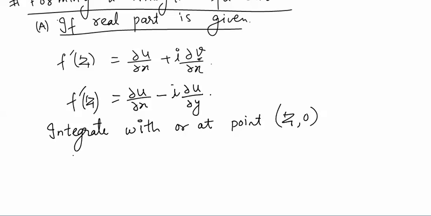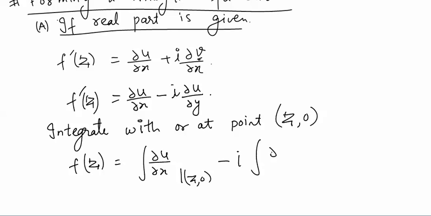Left hand side will become f(z) and this will become the integral of ∂u/∂x at (z, 0), minus i times the integral of ∂u/∂y at (z, 0), plus c. I'll tell you, we'll solve an example based on this.